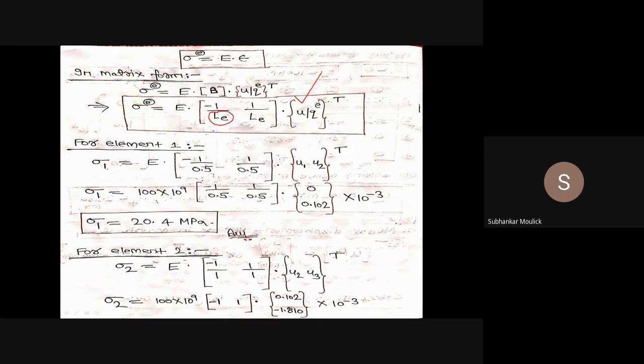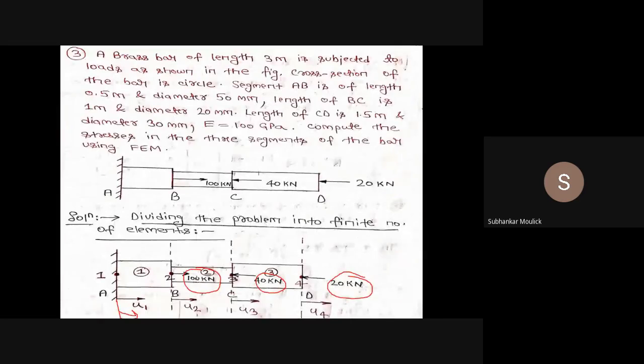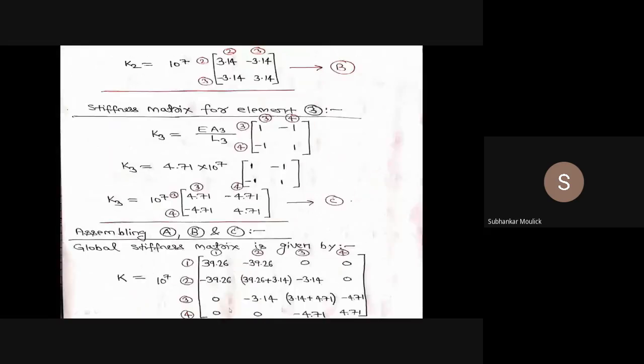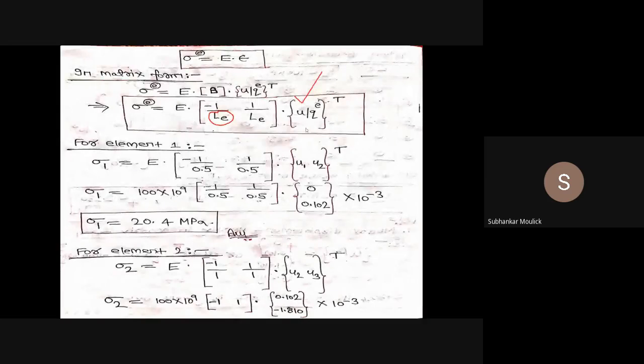the nodal displacement vector matrix for the second element. I can see that for the second element only two nodes are present, that is node 2 and node 3. So this nodal displacement vector matrix will consist of node 2 and node 3. At node 2 the displacement is u2, at node 3 the displacement is u3, transpose. If you do the transpose, it will become u2 and u3. u2 and u3 you have already calculated.